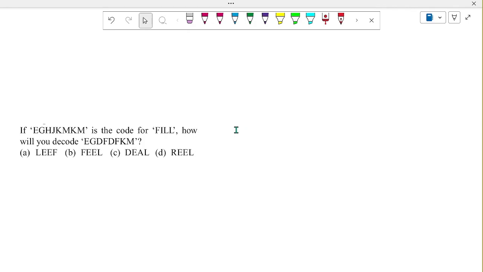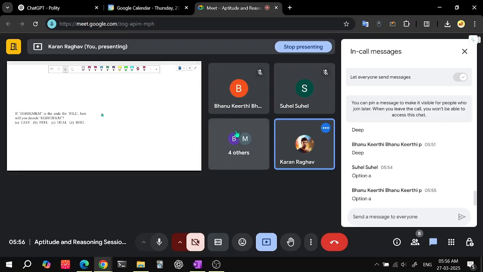This is much more similar to the previous question. Just see what can be the answer. For this question, the answer can be, it is much similar to the previous question.